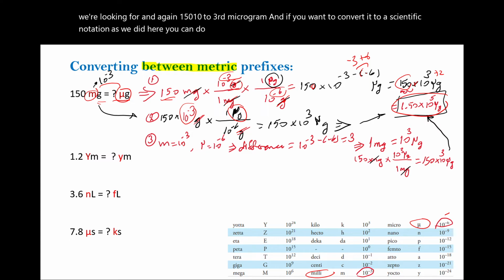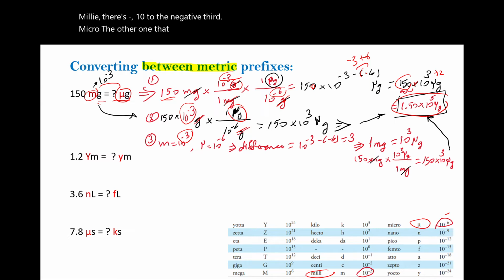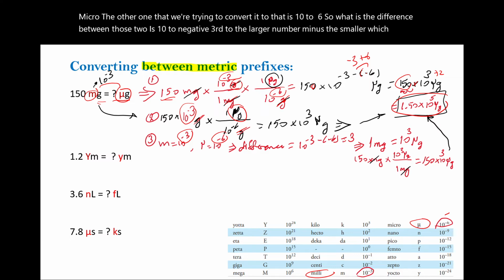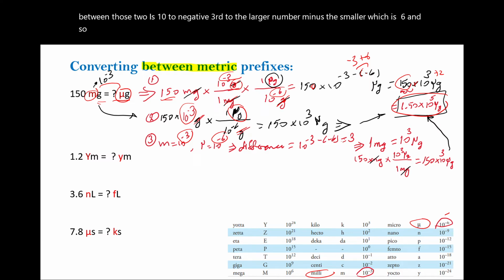Another way is you look at the values for milli, which is 10 to negative third, and micro, the one we're trying to convert to, which is 10 to negative 6. What is the difference between those two? 10 to negative third, the larger number, minus negative 6, and so you get 10 to third left.